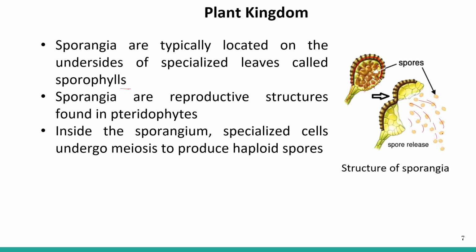And when these spores get a suitable substratum having water, suitable temperature, okay, they germinate. So, inside the sporangium, specialized cells undergo meiosis. Not all cells, specialized cells undergo meiosis to produce haploid spores.